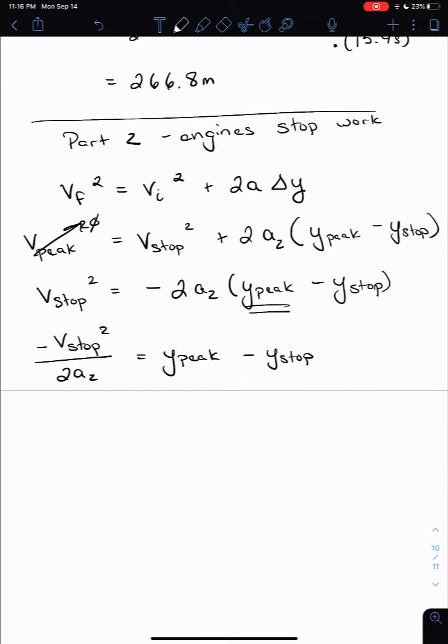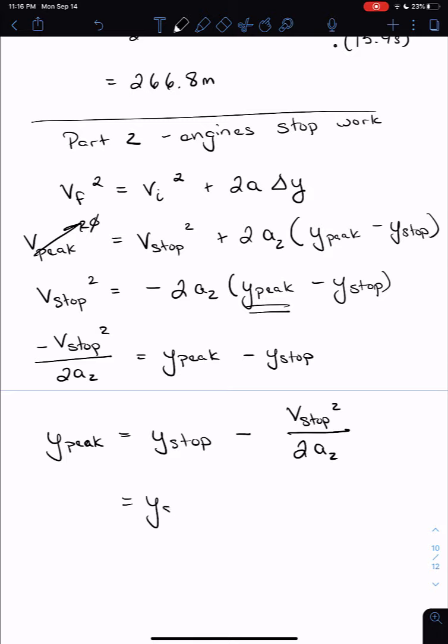Notice I'm not plugging any numbers in yet other than things that I know have to be 0. So y peak is then going to be equal to y stop minus the velocity when the engine stop squared divided by 2a2. So now I'm at the point where I could go through and plug some things in.